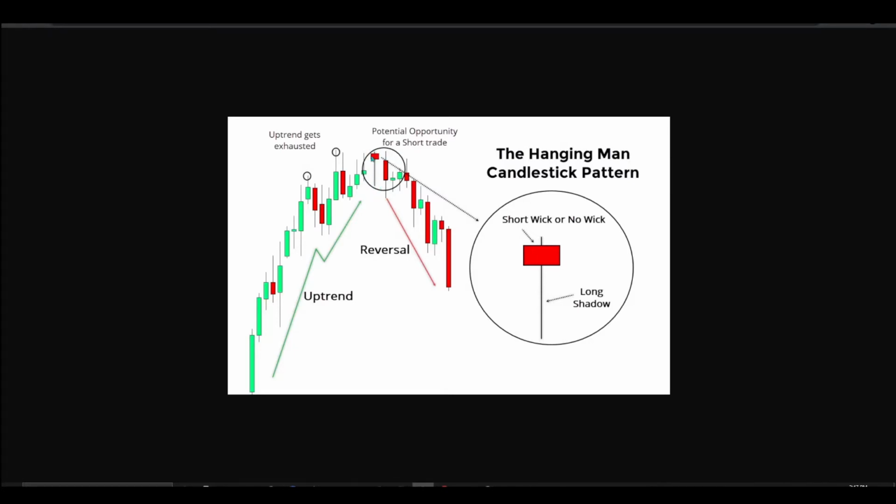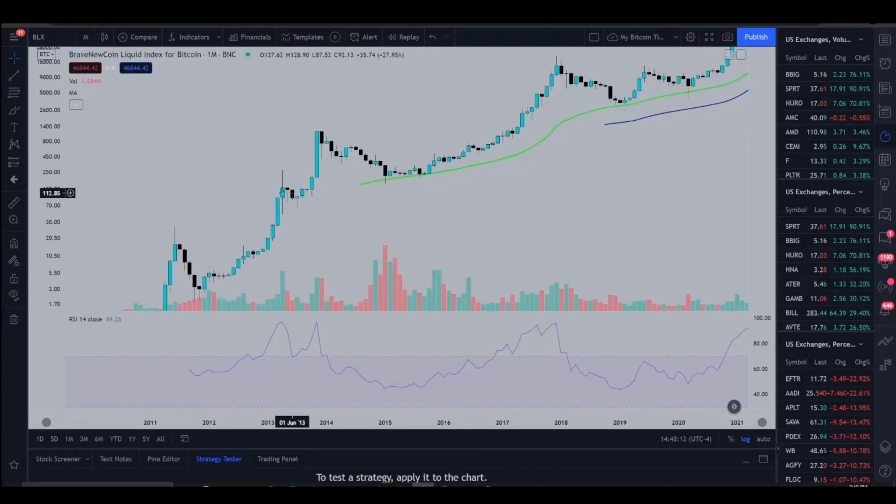If you get this at the top or the bottom, it typically indicates exhaustion in the market and that we're about to get a reversal. Most candlestick patterns in general are reversal patterns. So Bitcoin showed that in 2013, then it dumped, and then it printed another reversal candle.